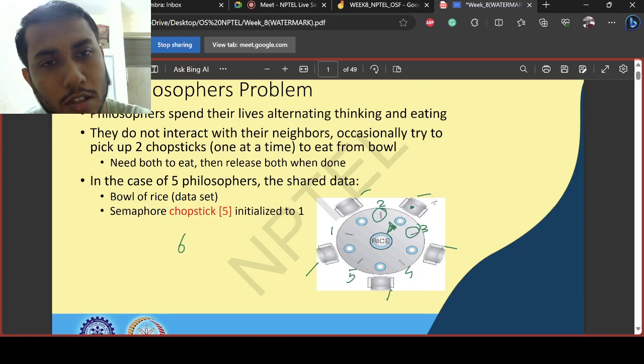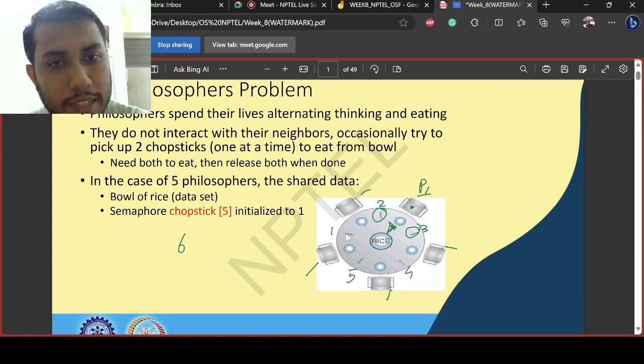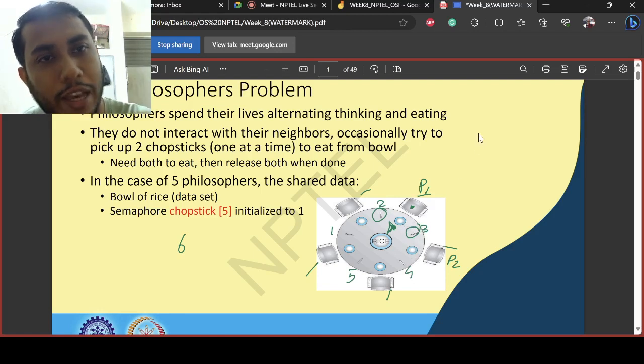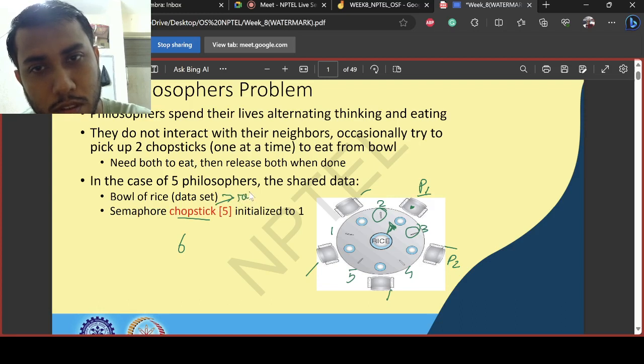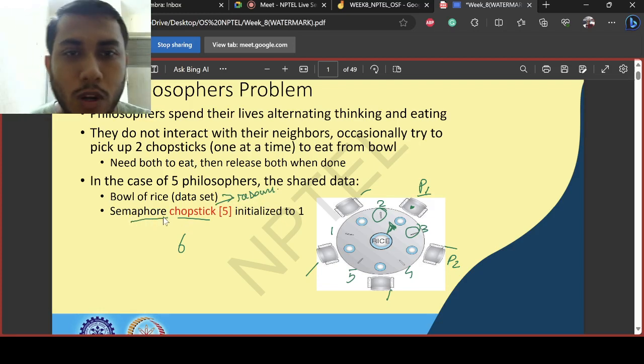Suppose this person, let's say P1, picks up these 2 and 3 chopsticks and starts eating. At that time, let's say P2 cannot pick up these chopsticks, right? Because it will not be able to eat, as it doesn't have both chopsticks. Here the chopstick is basically the resource, and we declared a semaphore against each chopstick.